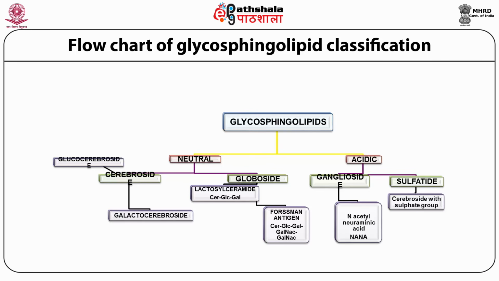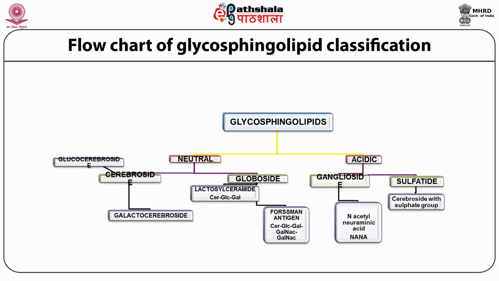Cerebrosides are the ones that have a single sugar residue like glucose or galactose. If the cerebroside has a glucose residue, it's a glucose cerebroside. If it has a galactose residue, it's a galactocerebroside. The other neutral glycosphingolipids are called globosides. Lactosyl ceramide is one example of a globoside.